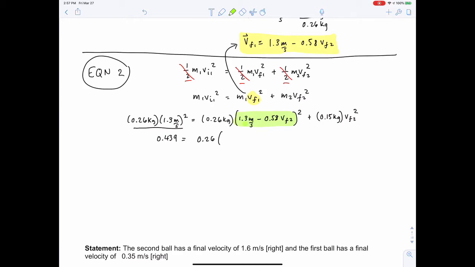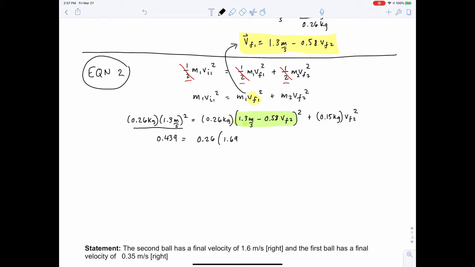This is a difference of squares, and we're going to expand this where we square the first term, 1.3 squared. We multiply the 2 terms together and multiply by 2, and then square the final term. Hopefully you remember how to do this from previous years.